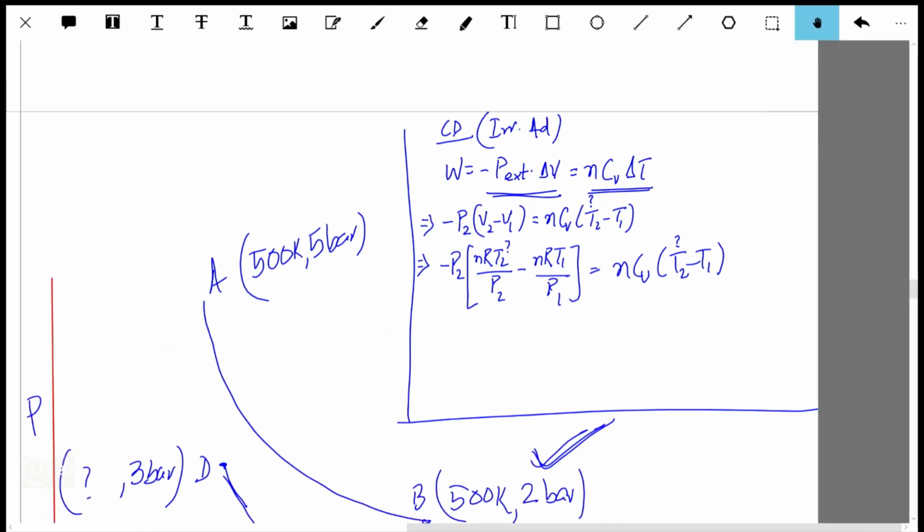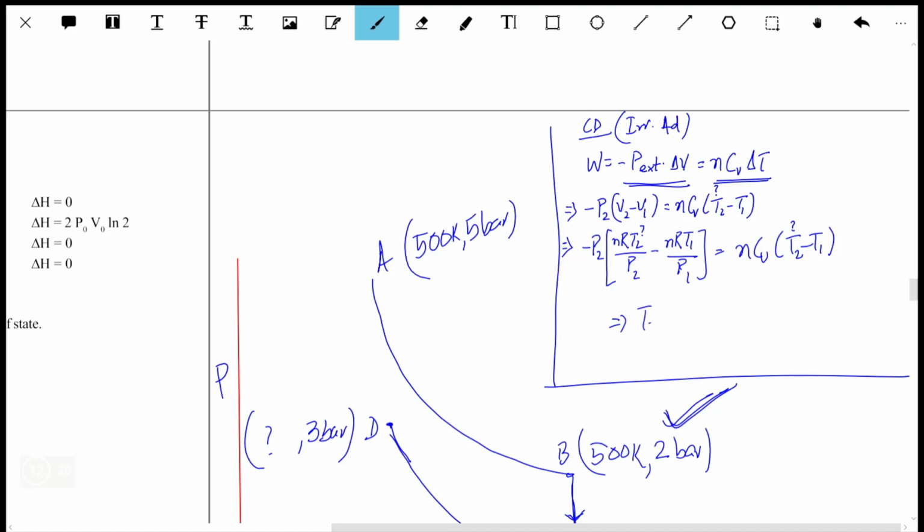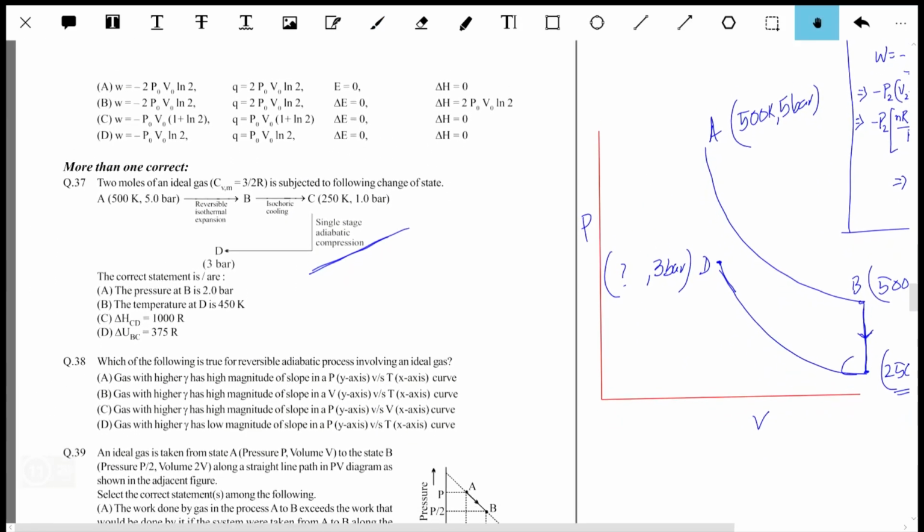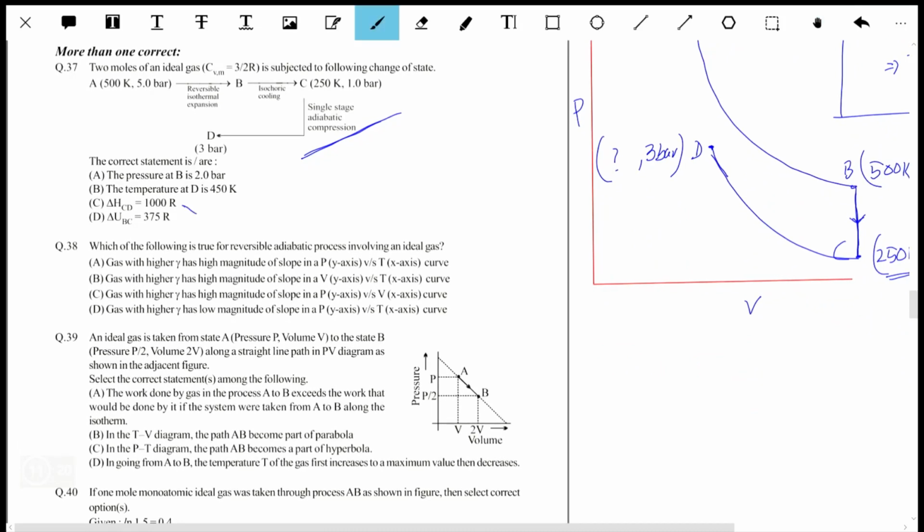So you can use this and solve for T2. Now once you've solved for T2, delta H for this process can be written as nCP into delta T. Once you've solved for temperature at D, delta T will be known and this can be evaluated. The same thing goes for delta U as well.